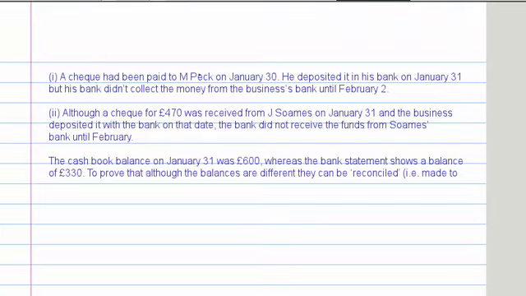So you know that a check that had been paid to MPEG on 30th January, he deposited it in the bank on 31st, and then his bank did not collect the money until 2nd February.